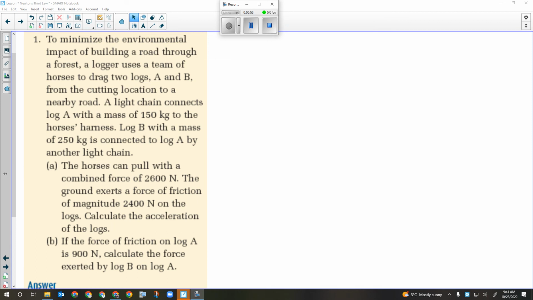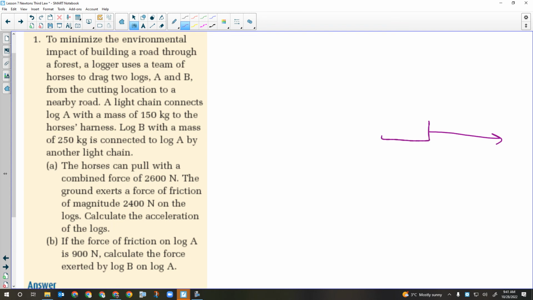So let's start out just looking at part A here. Okay, so we've got our team of horses. We have log A, which is 150 kilograms, and we have log B, which is 250 kilograms. All right.